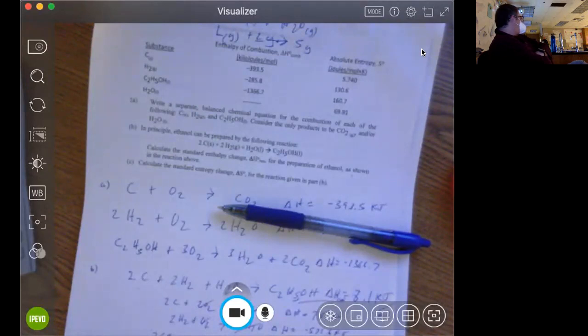Basically, it's the one where we take the products divided by the reactants to find the value of a constant. And we take each of those products and reactants to the power of their balanced equation coefficient. But it'll be interesting. This is the one where I'm thinking maybe we reach a slowdown.